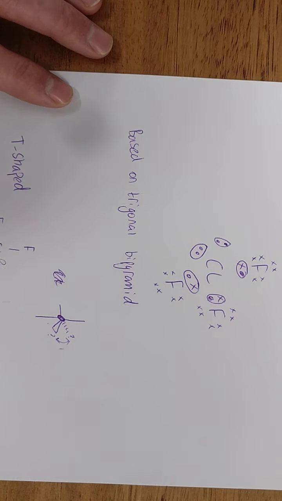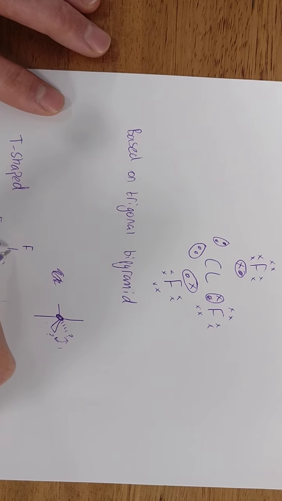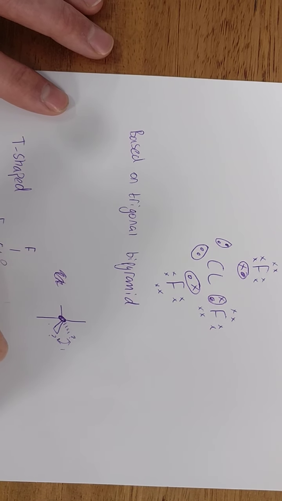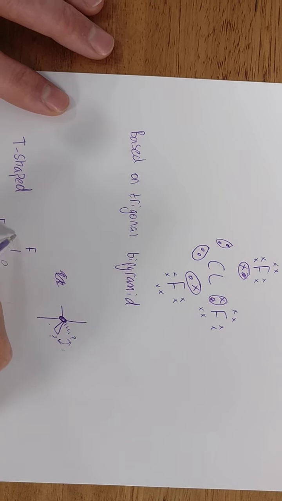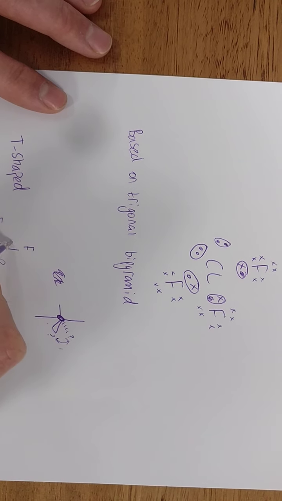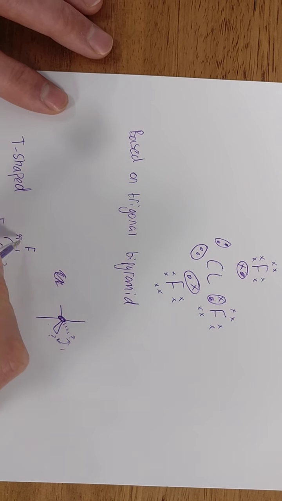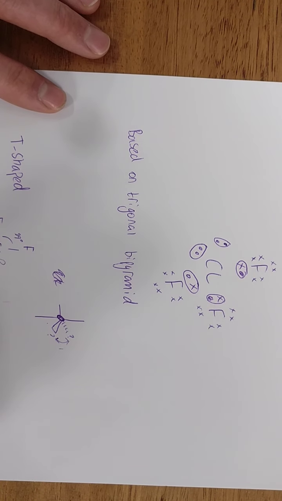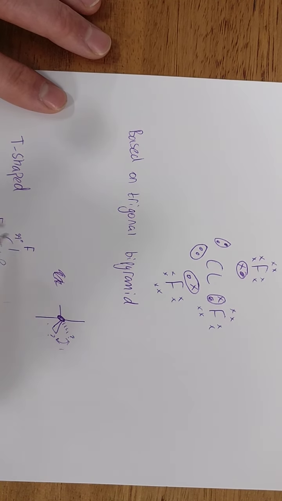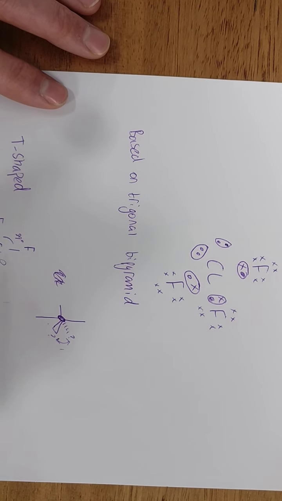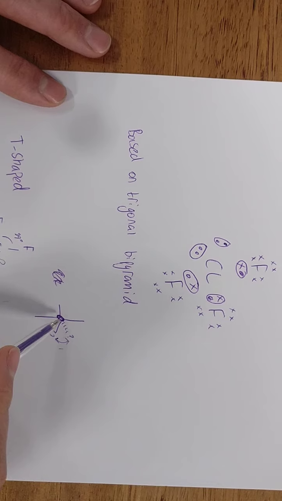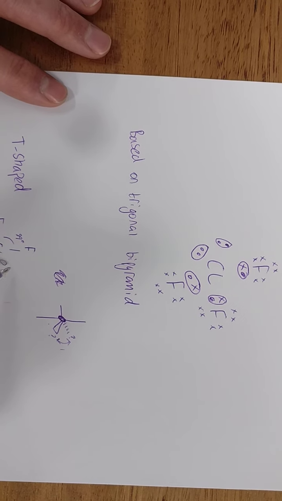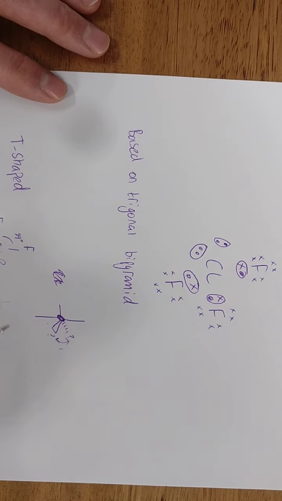And because they have a slightly extra repelling effect, instead of being 180 degrees from each other here or 90 degrees from each other here, these actually end up as about 89 degrees, so they are squashed or compressed slightly by the presence of these non-bonding pairs of electrons. But this is our T shape, and we can effectively get away with drawing it in 2 dimensions because the bits that would be 3D, that would be going away from us and coming towards us, are lone pairs in this case, so they haven't got bonds with atoms on the end of them.